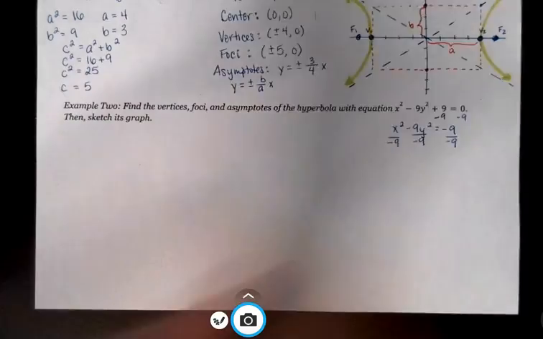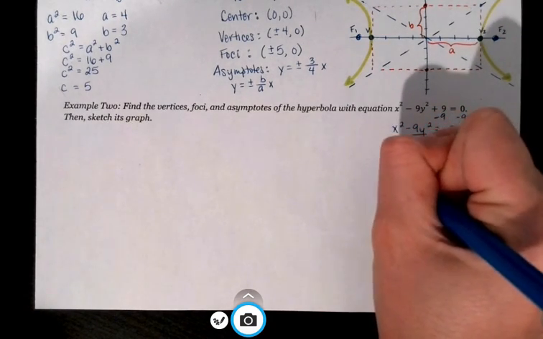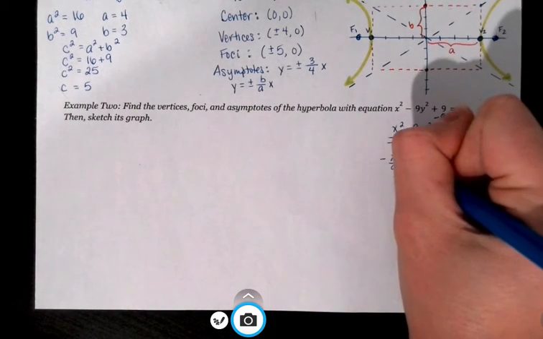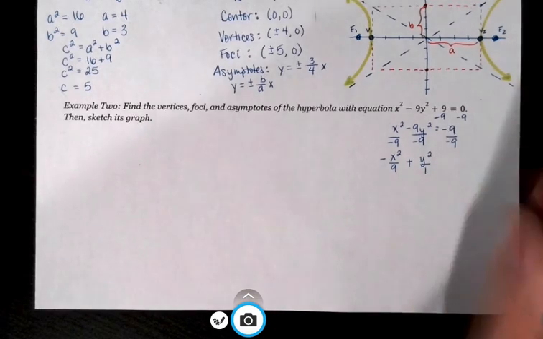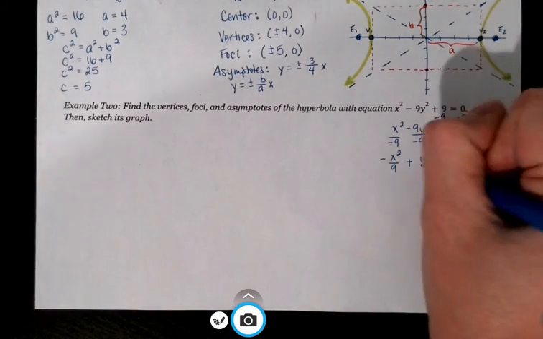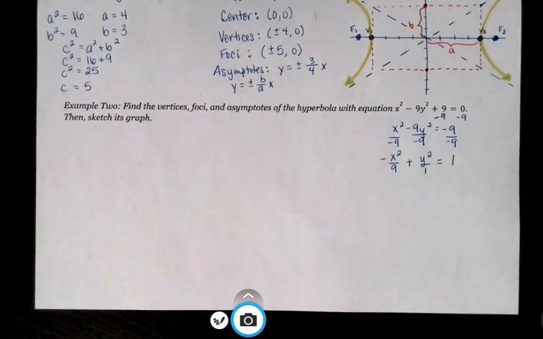So what I have left is negative x squared over 9. Well, negative 9 divided by negative 9 would be a positive 1y squared, which is technically over 1. So since I didn't have a fraction, I'm going to make it a fraction. So that helps me. And then this turns into a positive 1 as well.